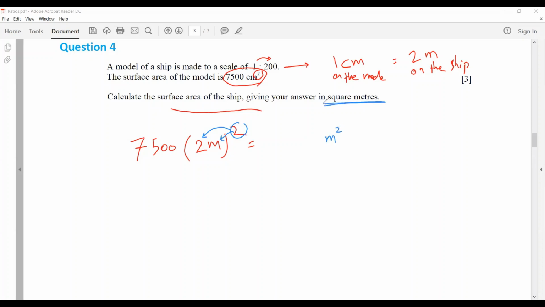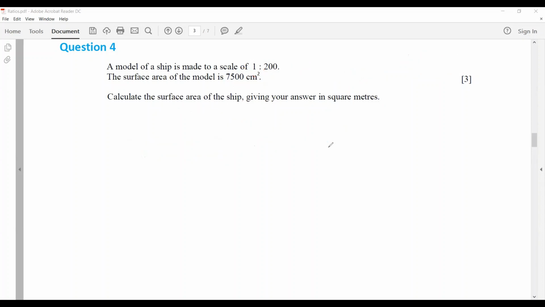That's what they wanted, right? And then this is 4 times 7,500, that would be 30,000 square meters, right? That's the surface area of the ship. Let's move on to the next question.